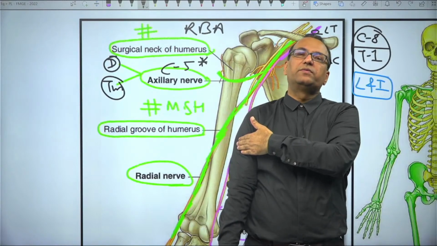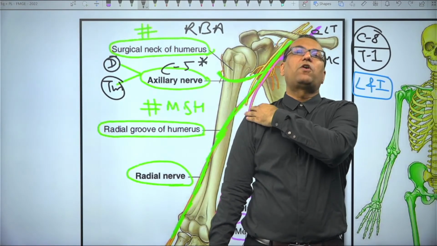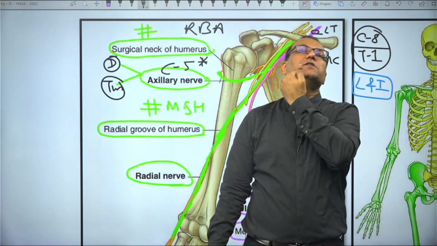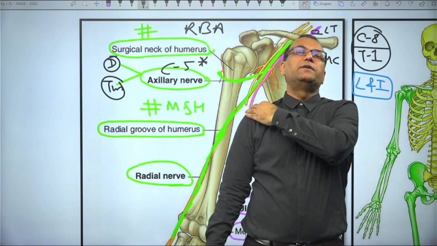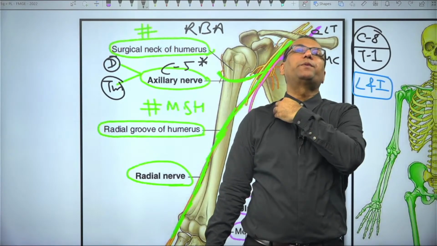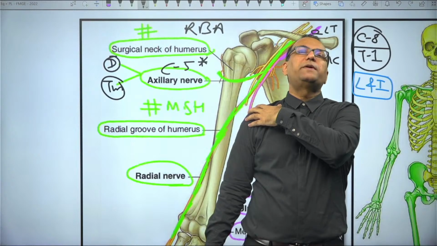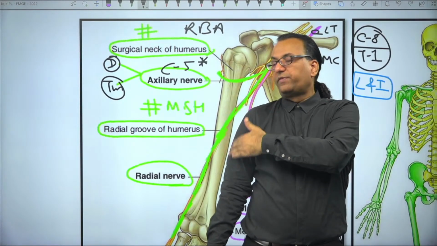Why not the upper half? Because the upper half is the C4 dermatome, supplied by a different nerve called the supraclavicular nerve, which is still working. The problem is with C5, the skin on the lower half of the deltoid.